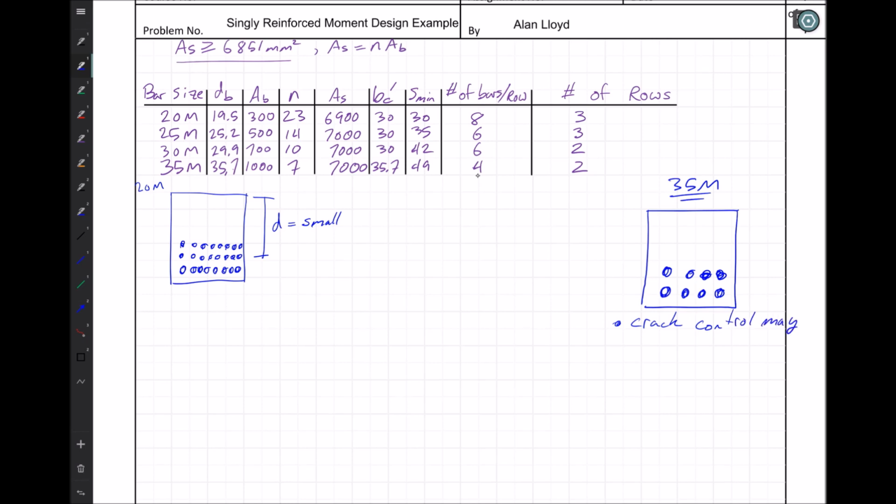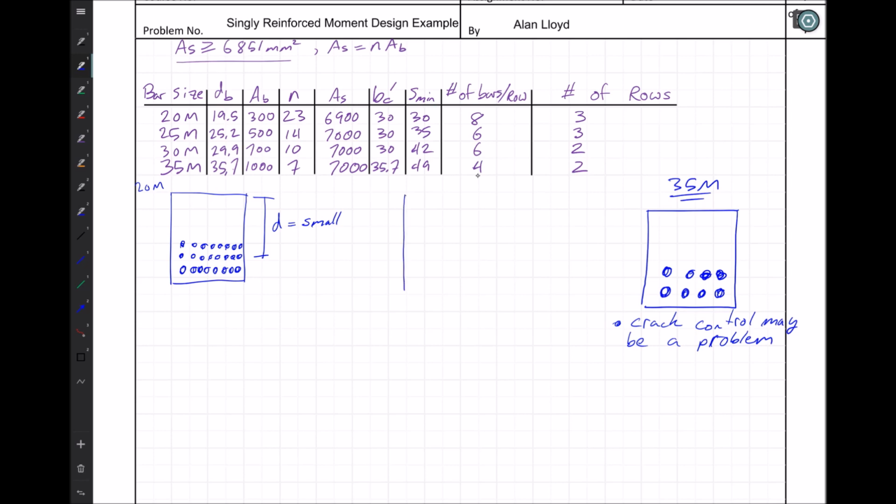May not, but it may be a problem. Additionally, in this case, the value of S is 49 millimeters and the value of the bar diameter is 35.7, meaning that my value of D is going to creep up fairly high just for 2.